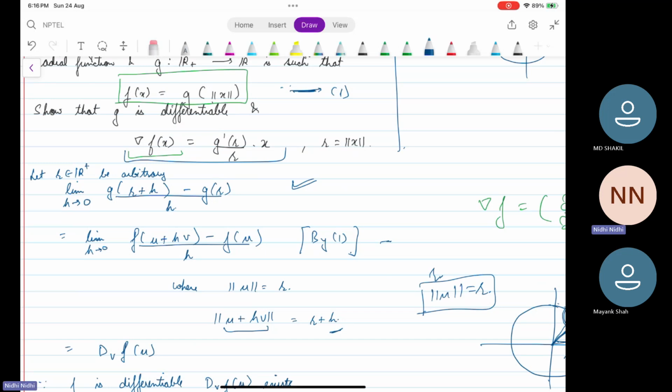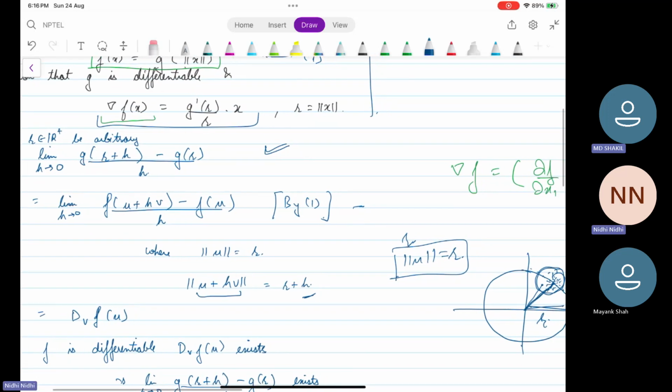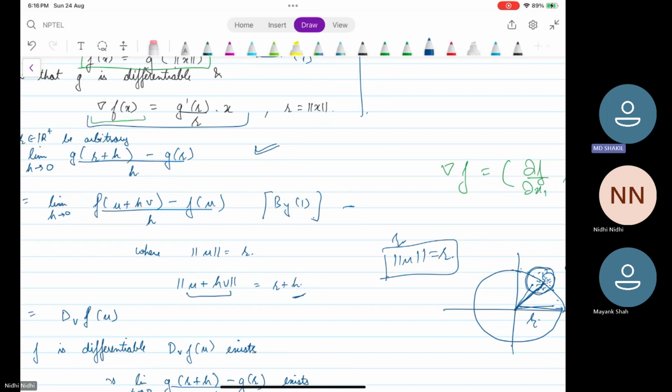The main idea is that g is defined on positive real numbers, and the norm of any vector is again a positive real number. Actually, we are adding hv, which means we are adding a small part of vector v to u.